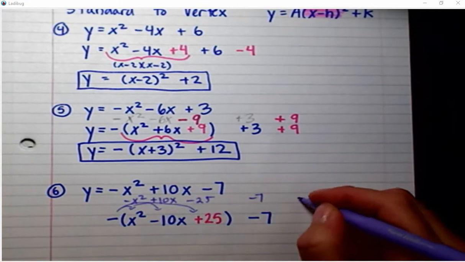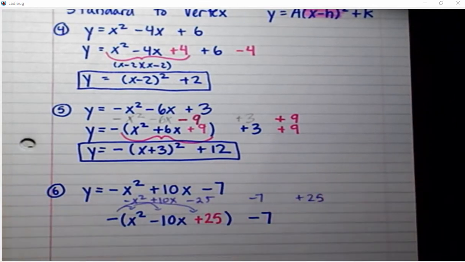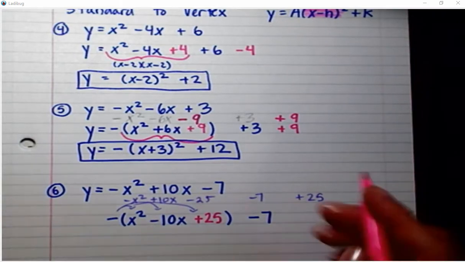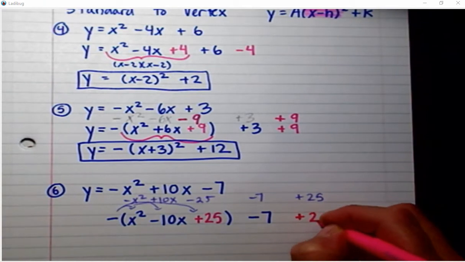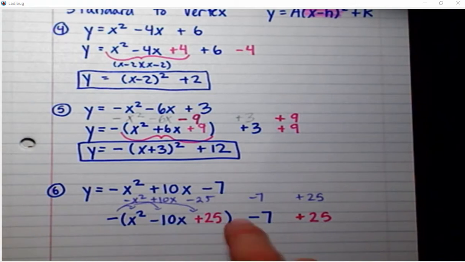Okay, so I really need this to be a plus 25 because of the way that negative distributes. Okay, so it's going to be plus 25 because it's opposite whatever you did inside the parentheses. It's the opposite, so you've got to be careful.